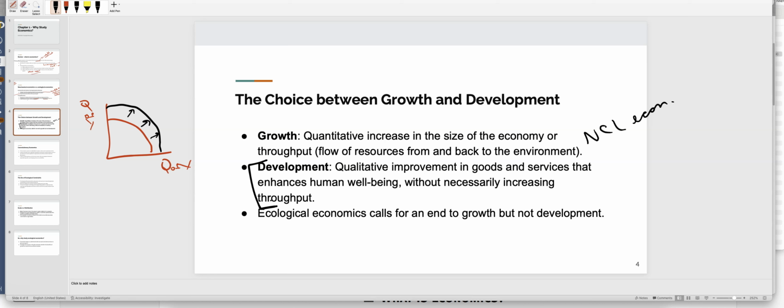There's oftentimes this fear: is AI aiding in the growth of the economy, or is it aiding in the development of the economy? People that would say it doesn't aid in the development of the economy might talk about all the pitfalls of AI, right?